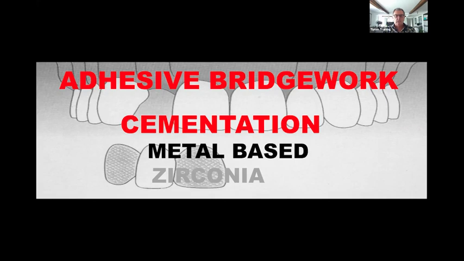So cementation, 2 different types of cementation, metal-based and zirconia. Our metal-based traditional, okay? We have a metal wing. It is non-precious, okay? A non-precious metal wing, which is cast. That non-precious metal wing between 0.3 and 0.7. I prefer to get to 0.7. How do you get the space?